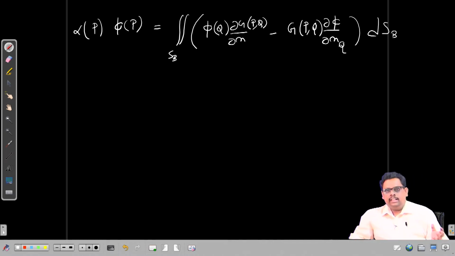This is the integral equation that you are going to solve for this panel method.